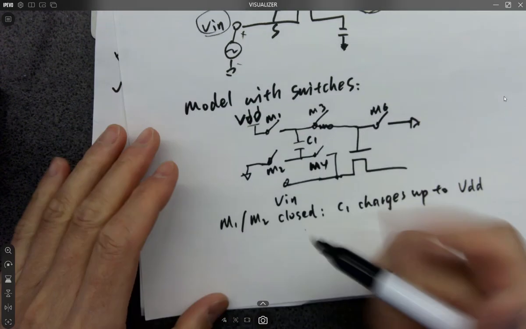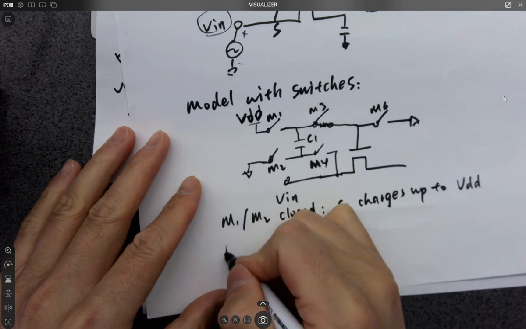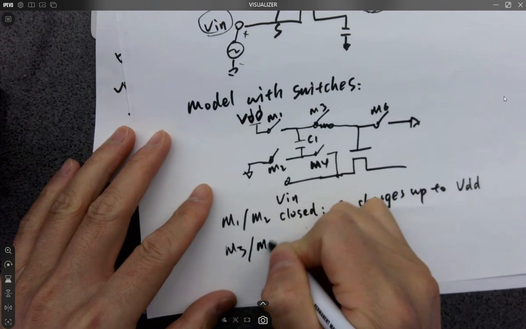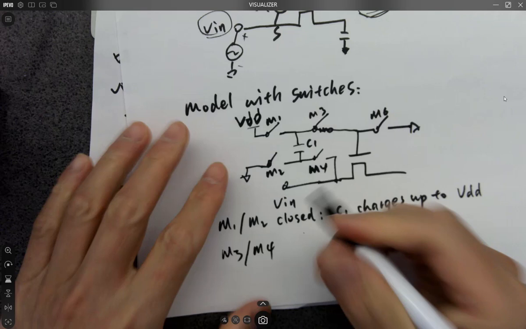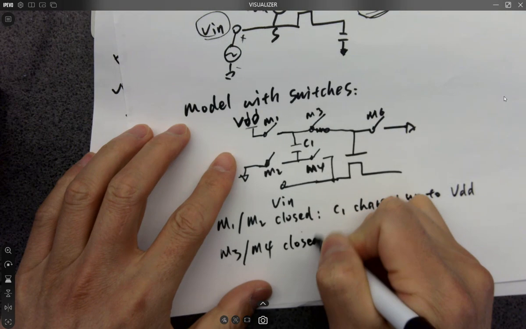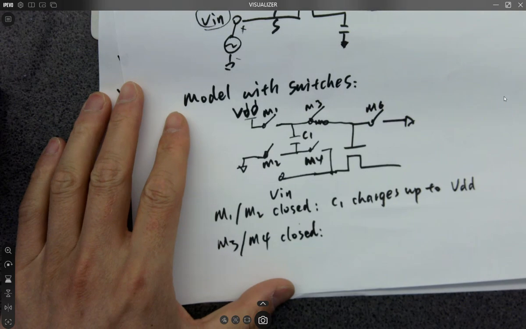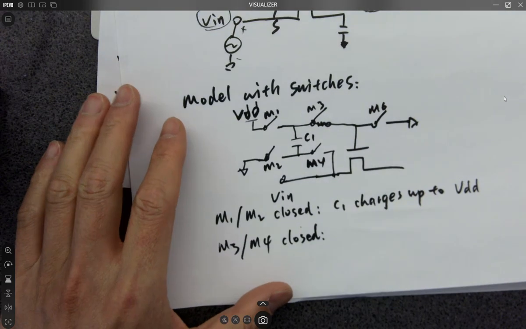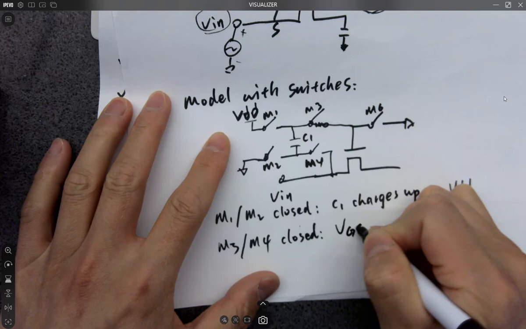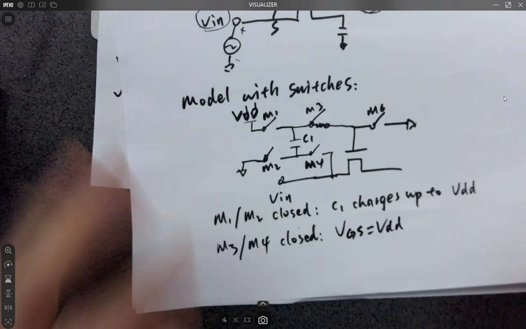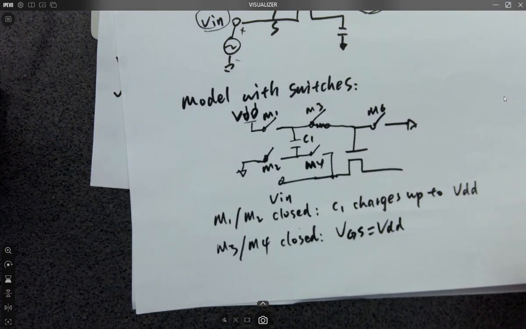Then next, you close M3 and M4, then what's going to happen? Yeah, so VGS equals VDD. Okay? Now you can do what?